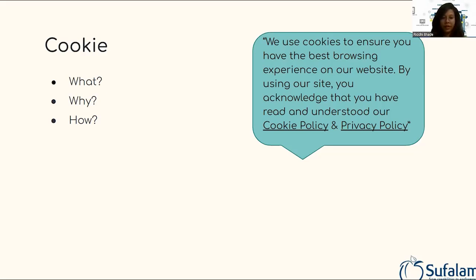Let's take an example. Let's say you visit a website which is not in your local language, let's say Hindi. So you choose the Hindi language option from the language section. Now, if you visit the same website 5 times a day, you might have to change the language 5 times.